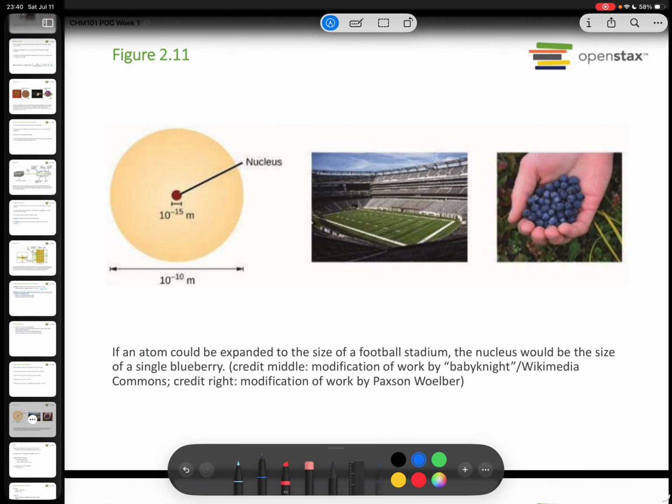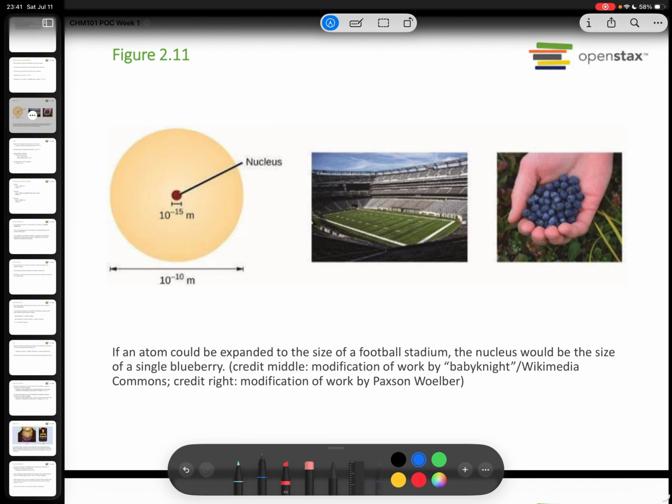Imagine nyo yung laki ng space between the blueberry and yung pinakalabas ng stadium, no? That is how small the nucleus is compared to the whole atom. But even though na maliit siya, it contains nearly all the mass because yun nga, nasa kanya yung protons tsaka neutrons.